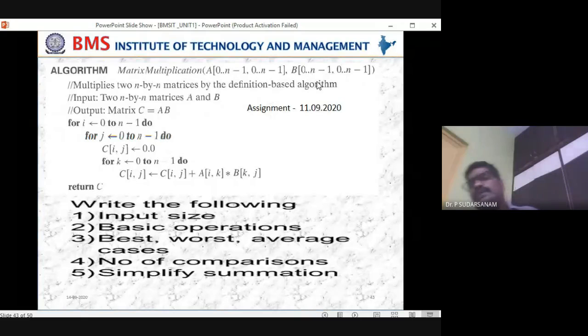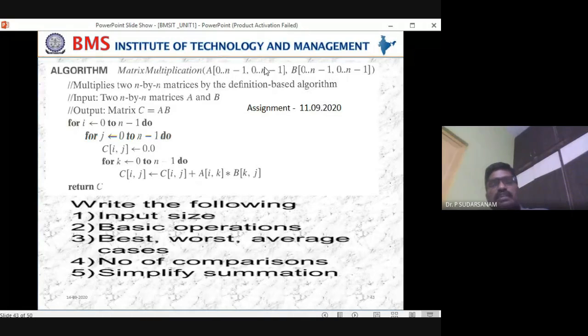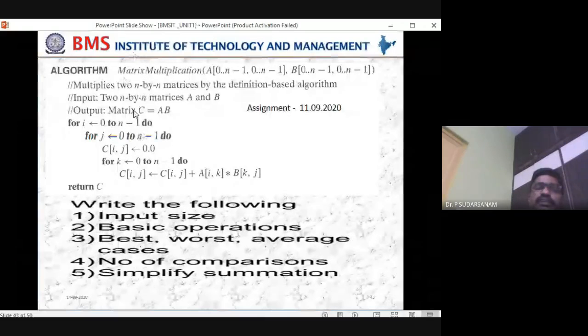You can check it in your assignments. The input size is n comma n, so how many rows and how many columns? Here they have given an n cross n matrix, so you can enter the same thing.